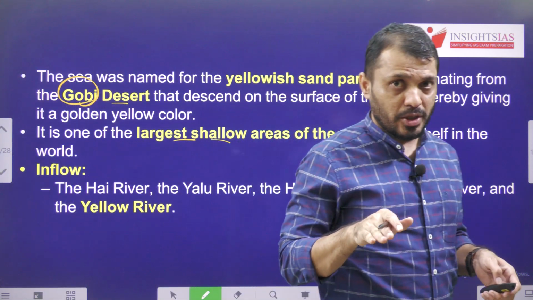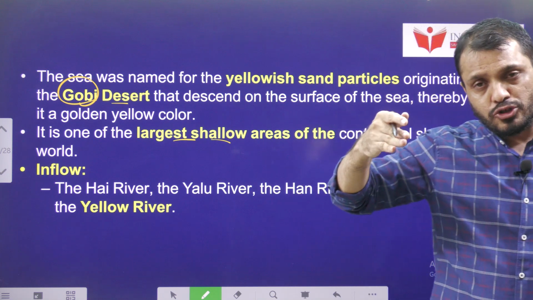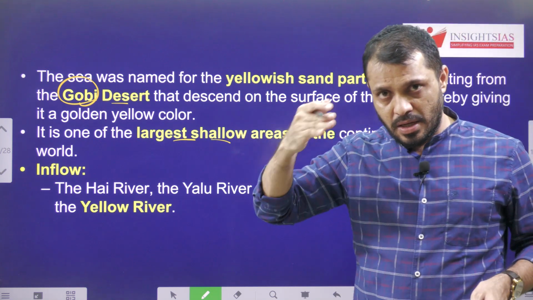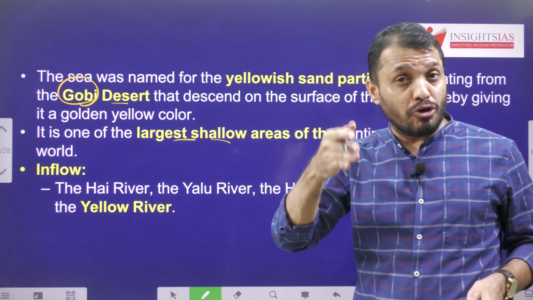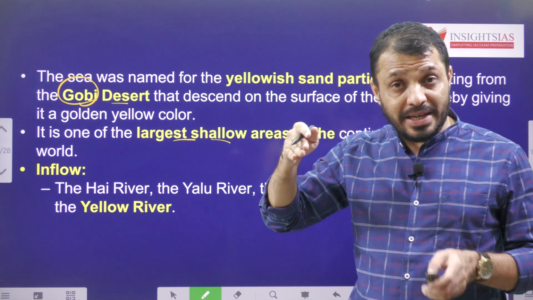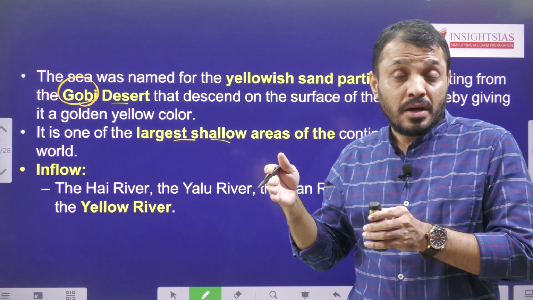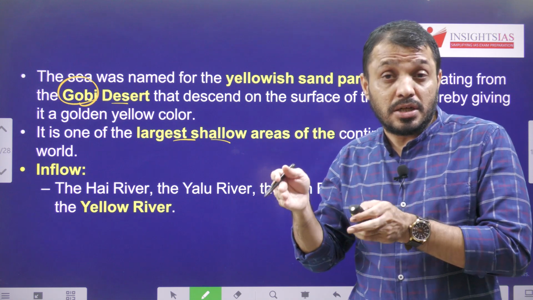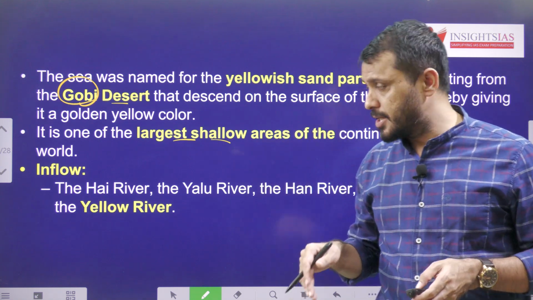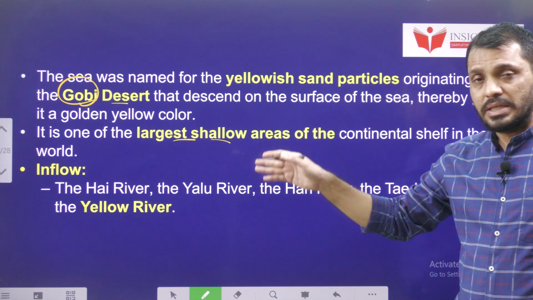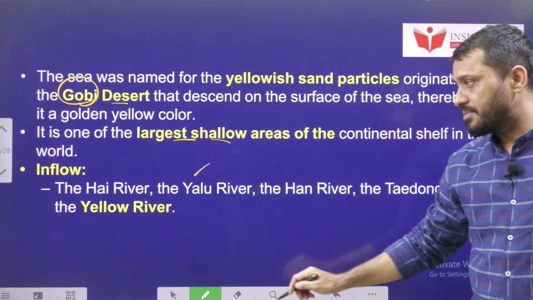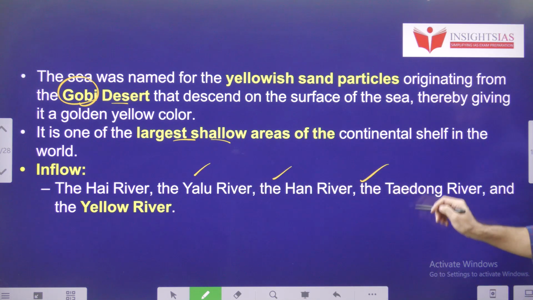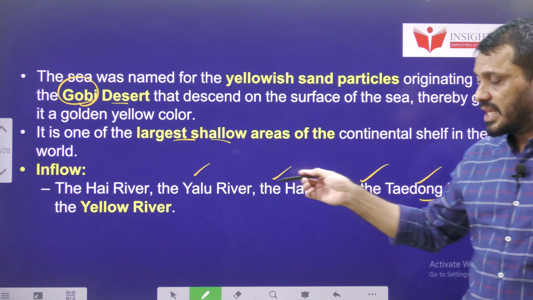Very, very important: as you go further away from the land towards the ocean, you will get the continental shelf, the continental depth and trench, various things. The inflow: it gets water from the Hai River, Yalu River, Han River, Daedong River and the Yellow River.